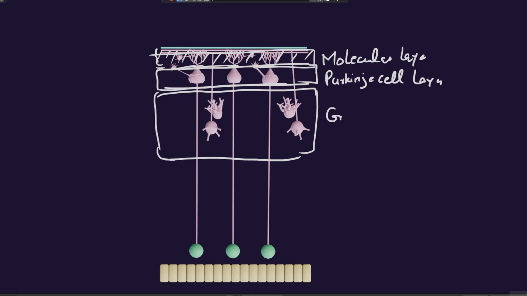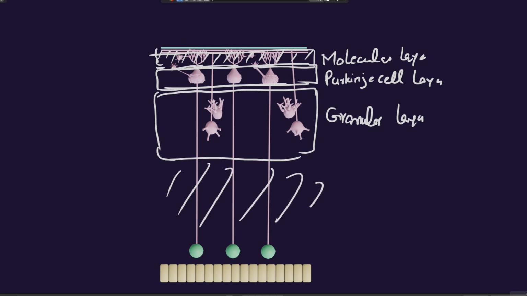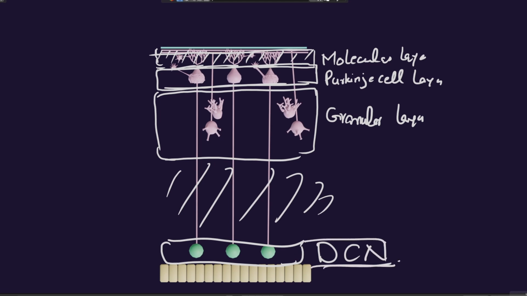This is called the granular layer. And finally there is a lot of white matter here, and very deep in the cerebellum we have the deep cerebellar nuclei. Technically it's not a layer, but a separate part of the cerebellum.